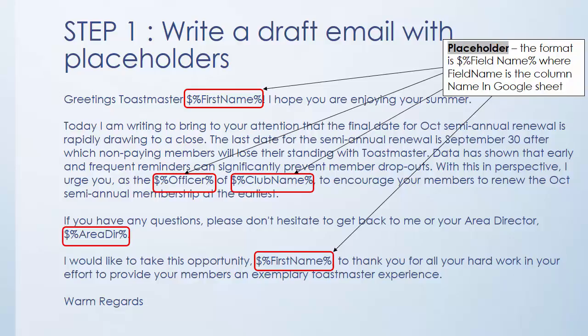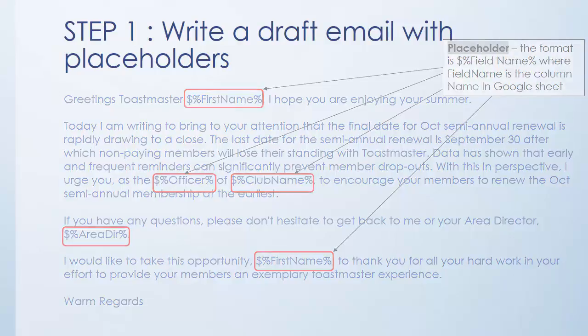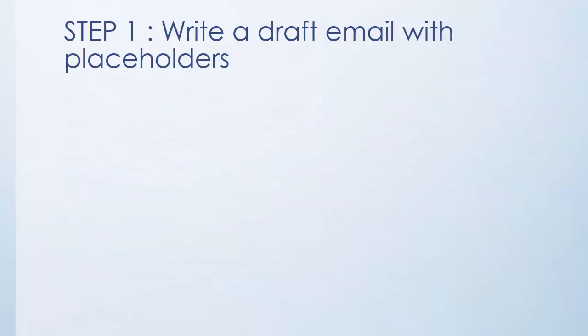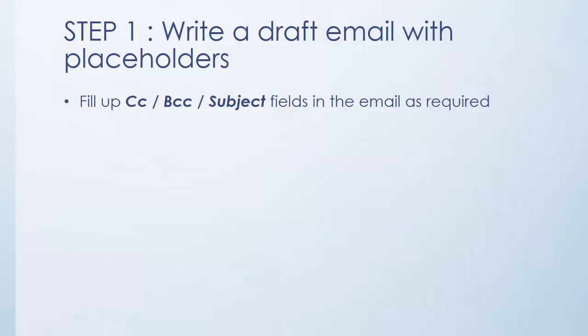The way you set it is the field name beginning with a dollar sign and a percent sign, and ending with the percent sign. Now once you have written this draft email, you have to remember a few points. 1, you have to fill up the CC, BCC or subject fields in the email as required.